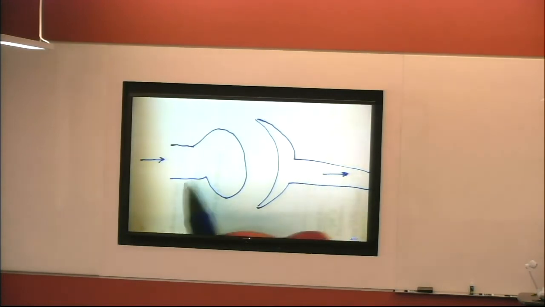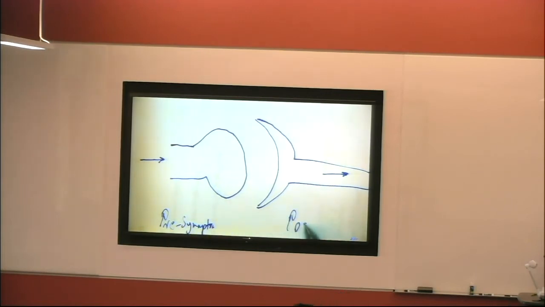What is this part called here? Presynaptic. And this is post. Okay.